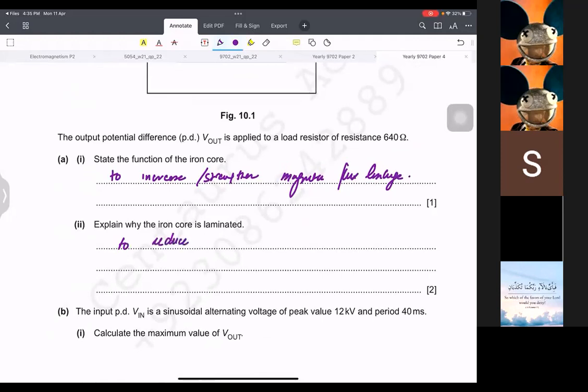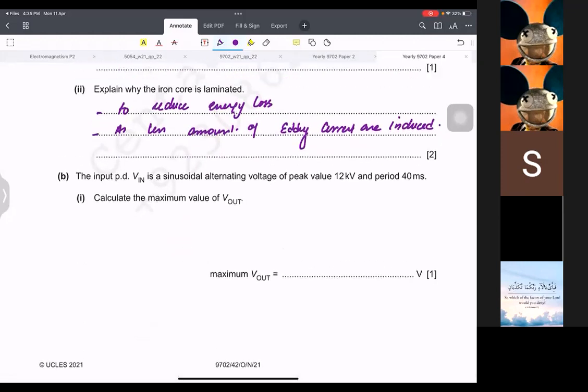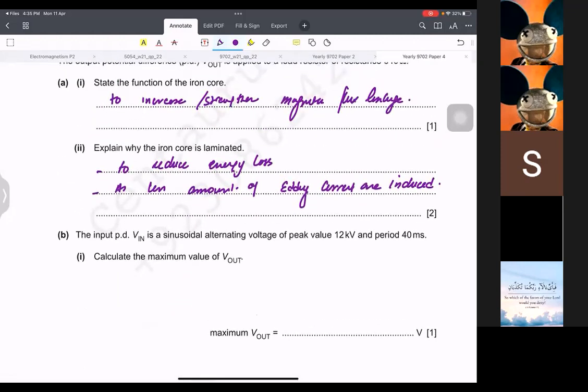For 2 marks: to reduce energy losses as a smaller amount of eddy currents are induced. If this was 3 marks, then we would add a point about making the resistance higher. Okay.